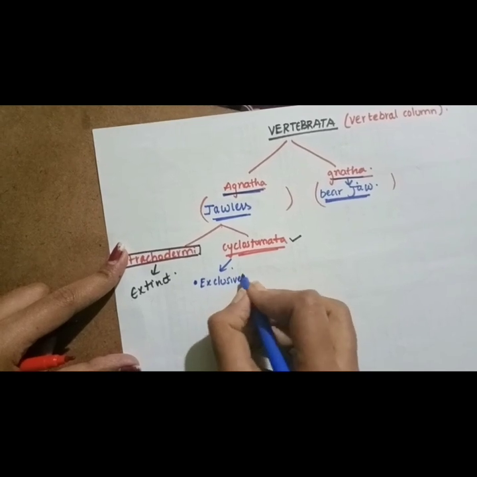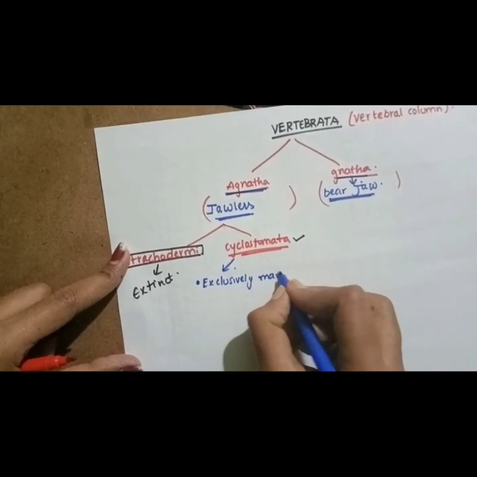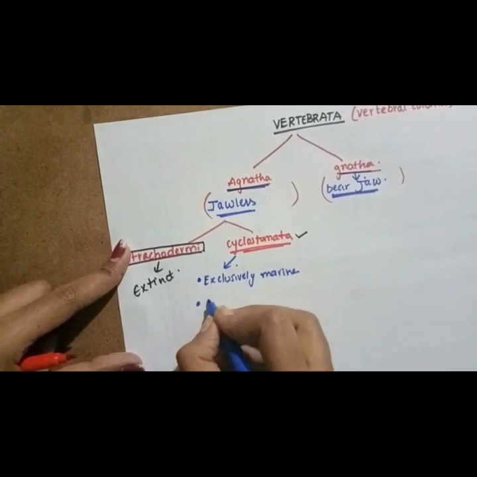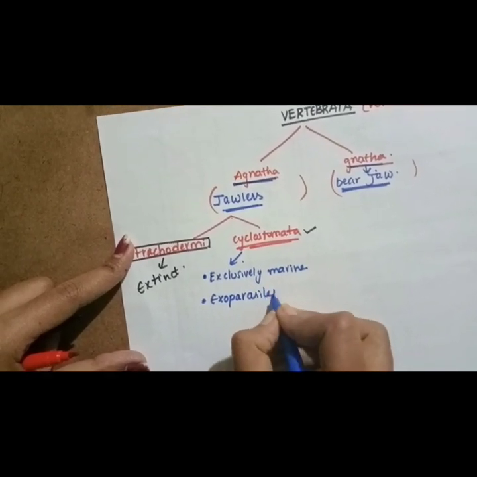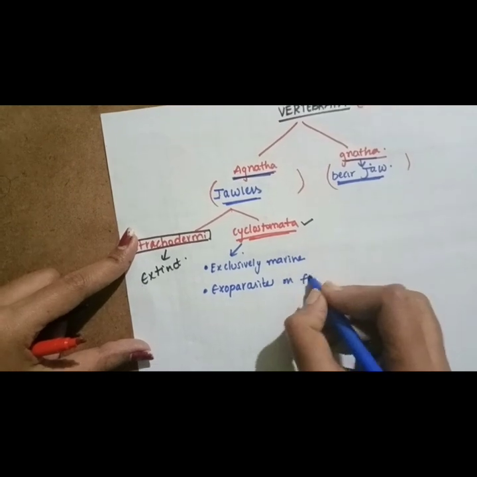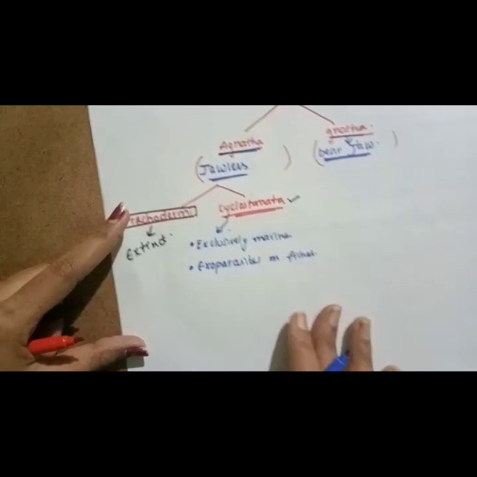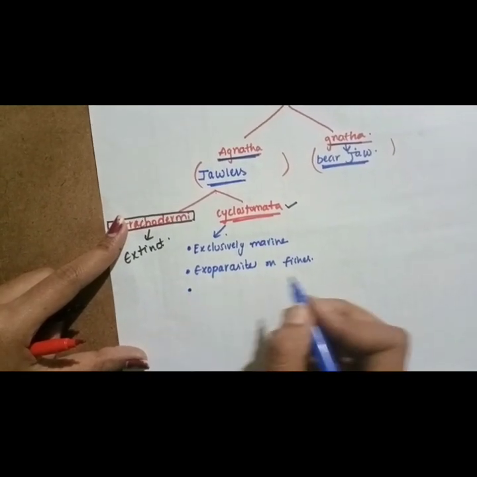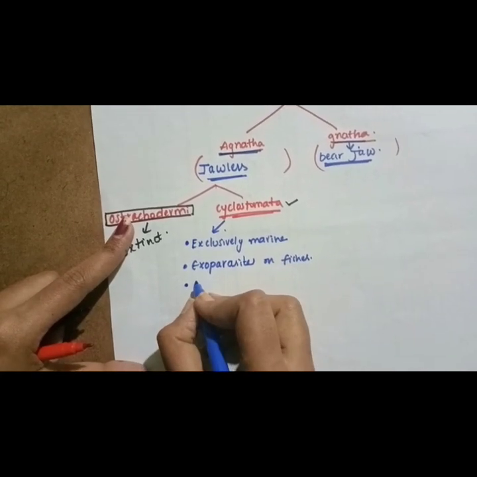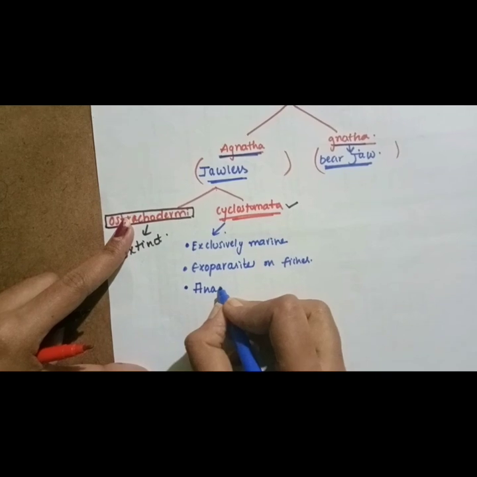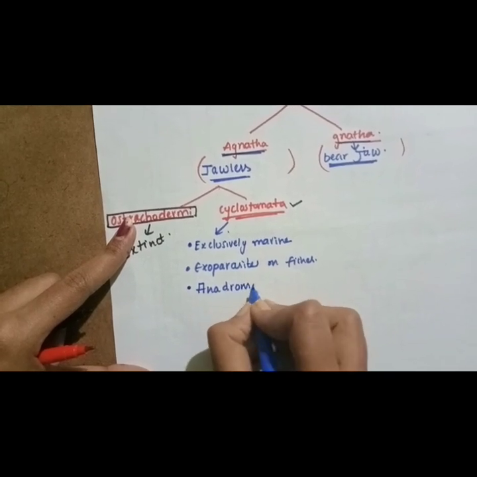The cyclostomata are exclusively marine and they act as parasites, that is exoparasites. That means they live on the body of other fishes. During spawning time, they undergo anadromous migration.